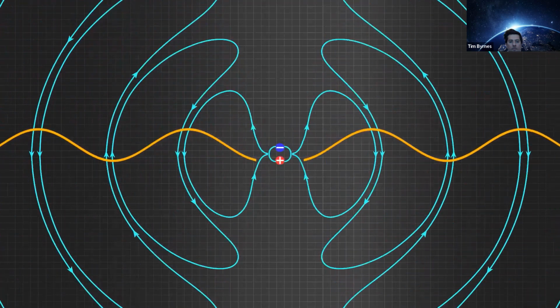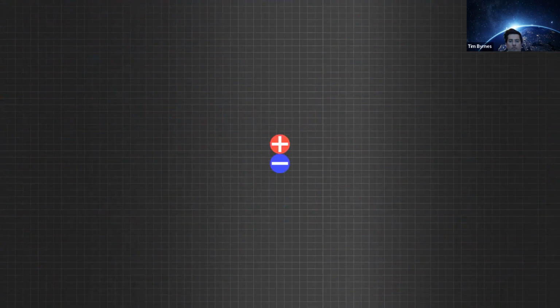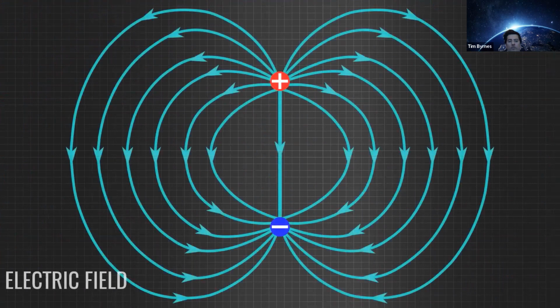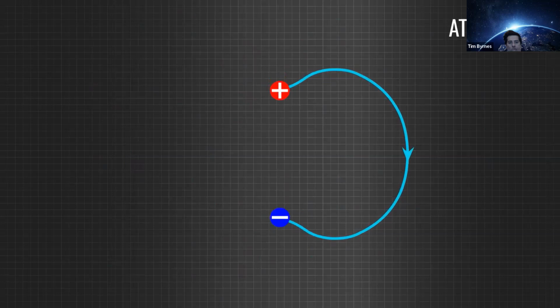It is clear that at both ends, the velocities should be 0, and in the middle, the velocity should be at the maximum. This means that this is a case of continuous acceleration and deceleration. The electric field pattern is drawn here when the charges are far apart and when the velocity is 0. In order to have a better understanding, let's examine one of the electric field lines. Let's observe the electric field line at t by 8.